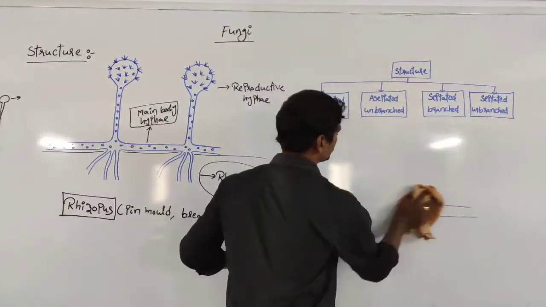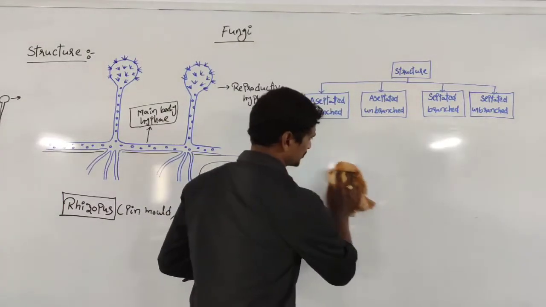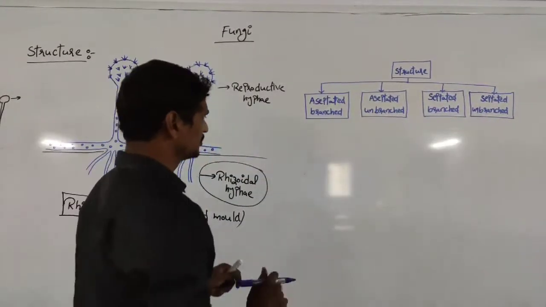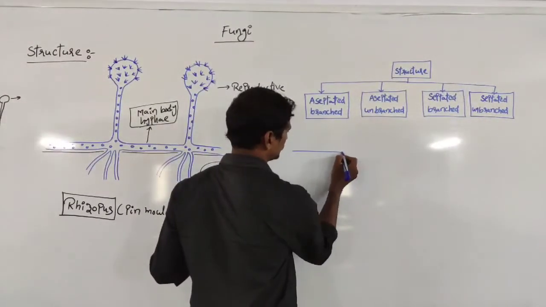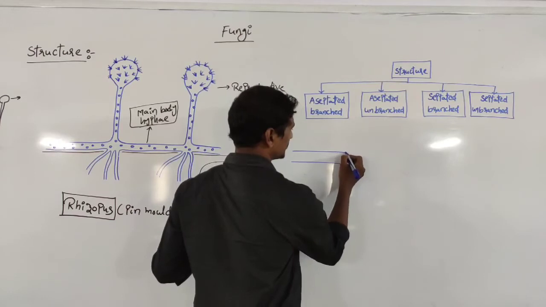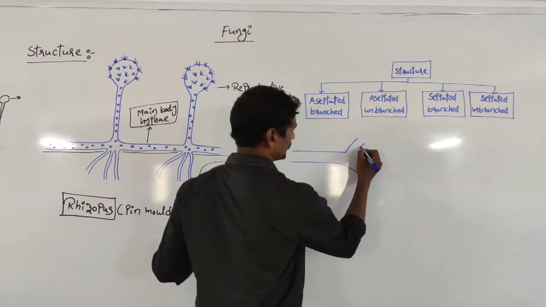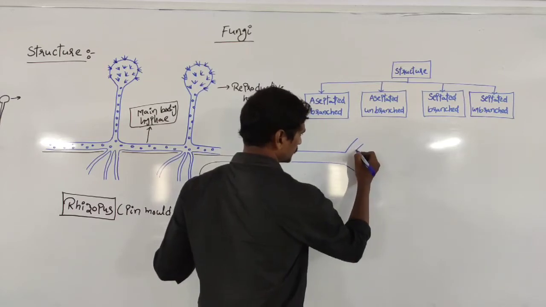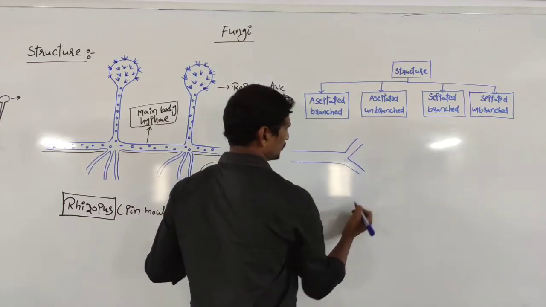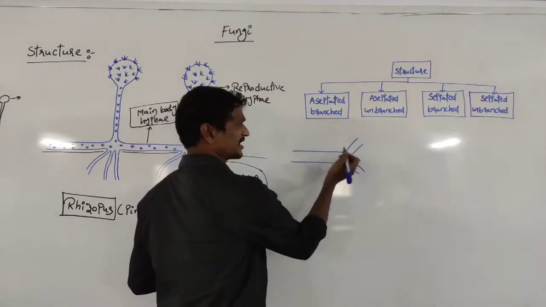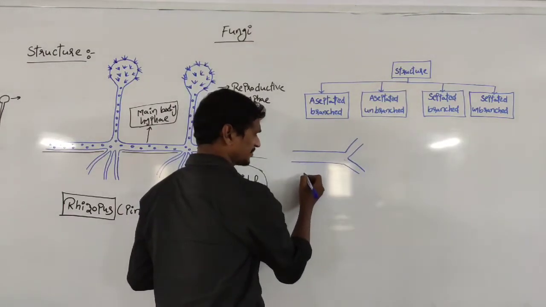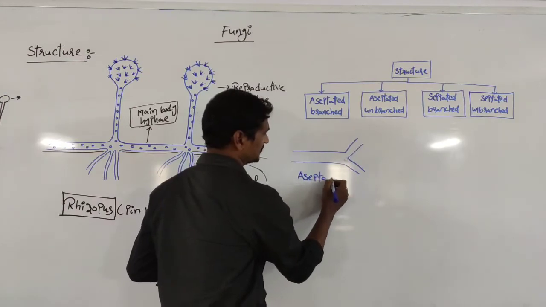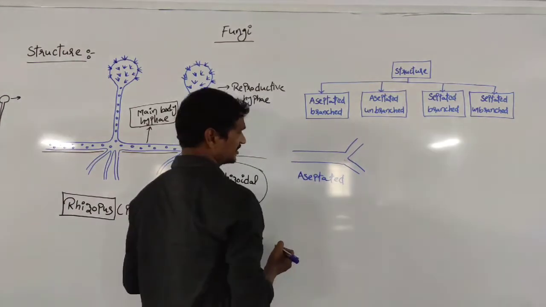See, the first one is the aseptated branched. Suppose this is one of the mycelium, right? Here septa are absent, so that one is aseptated.